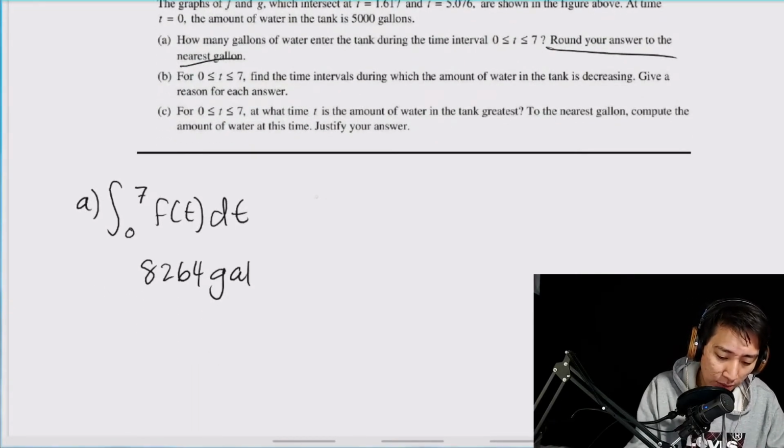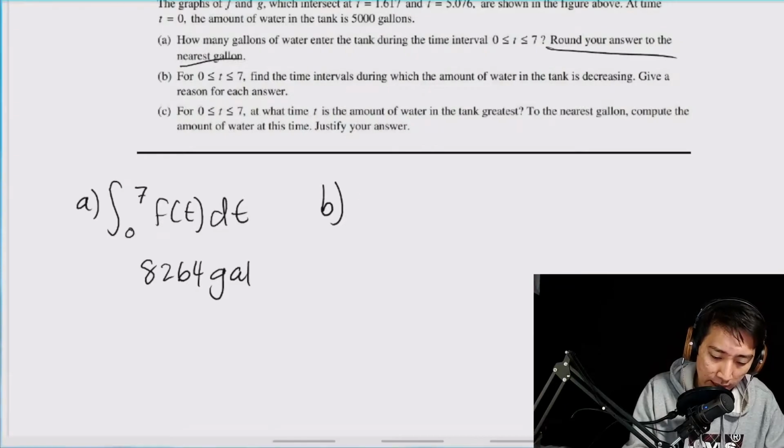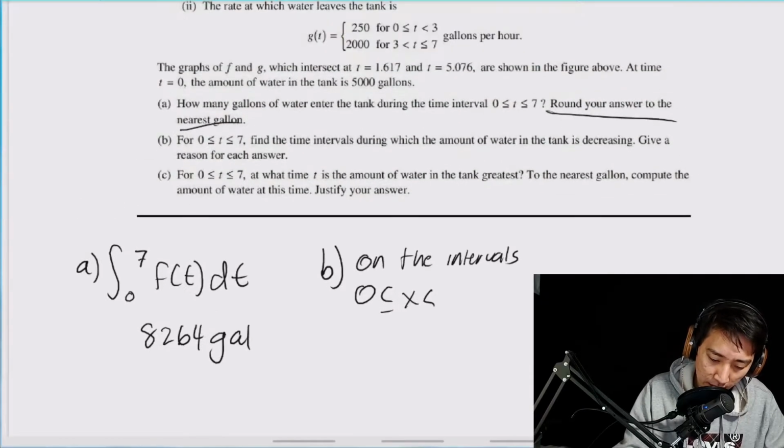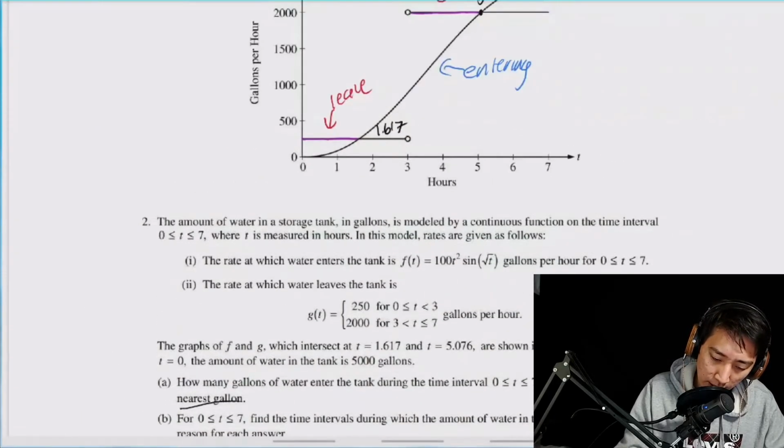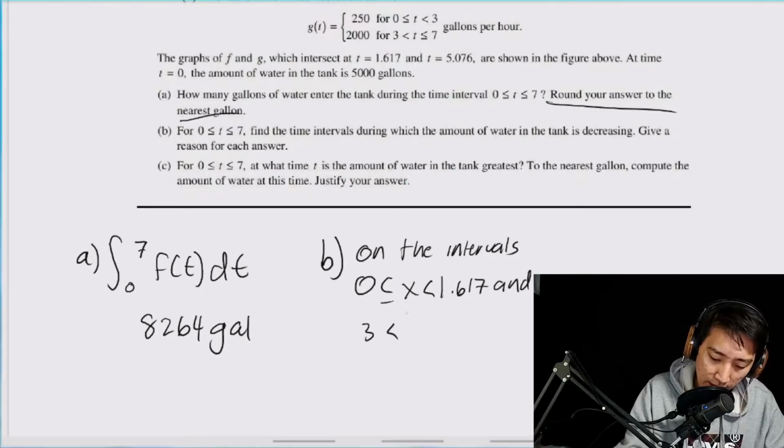So basically for B, I'm going to say on the intervals 0 is less than or equal to x, which is less than 1.617, and 3 is less than x, which is less than 5.076.